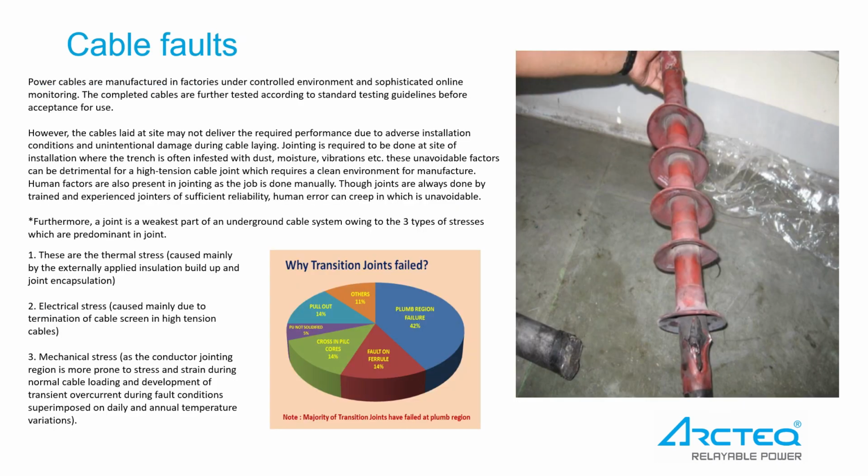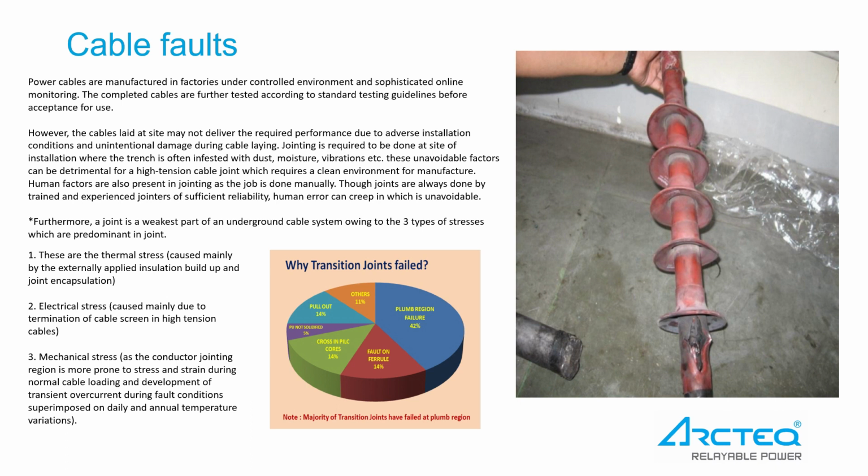Power cables are manufactured in factories under controlled environment and sophisticated online monitoring. The completed cables are further tested according to standard testing guidelines before acceptance for use. However, the cables laid at the site may not deliver the required performance due to adverse installation conditions and unintentional damage during cable laying.